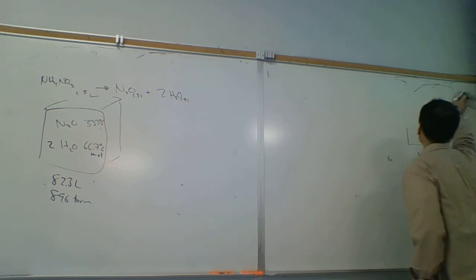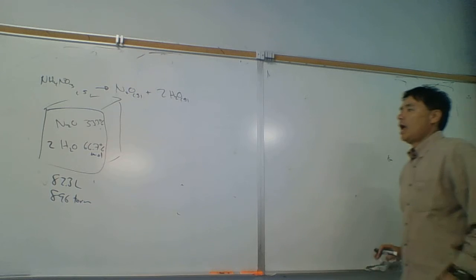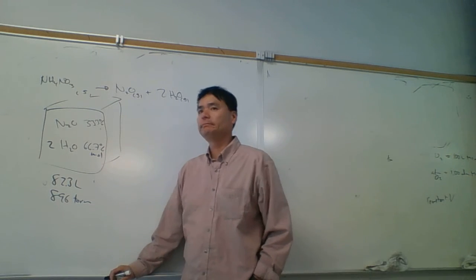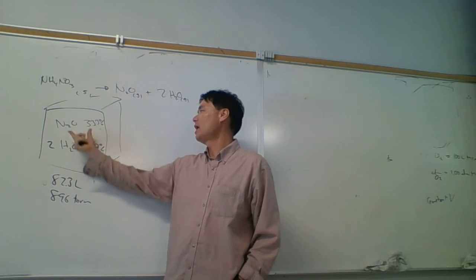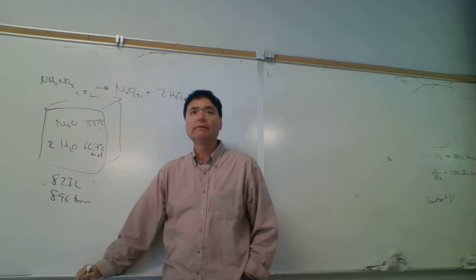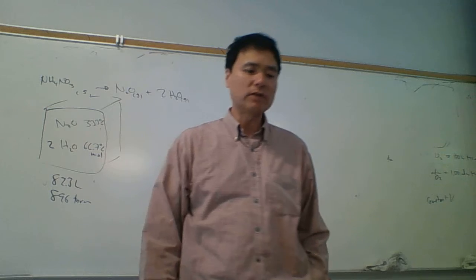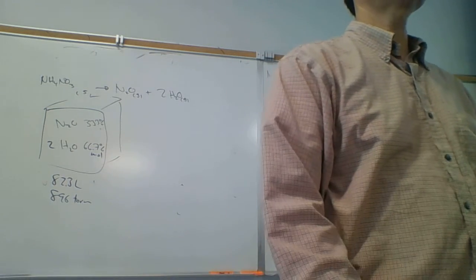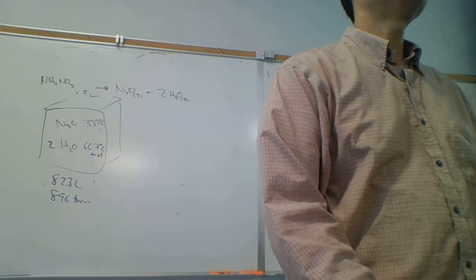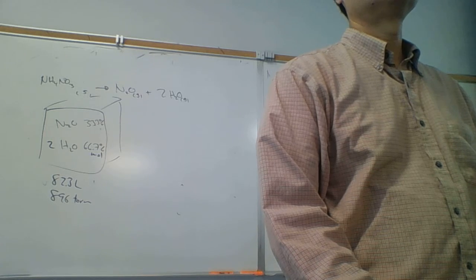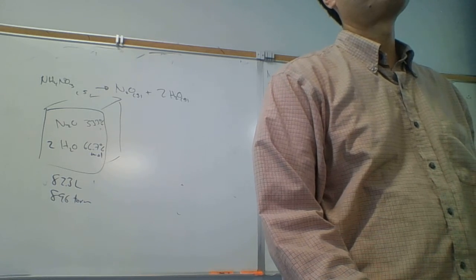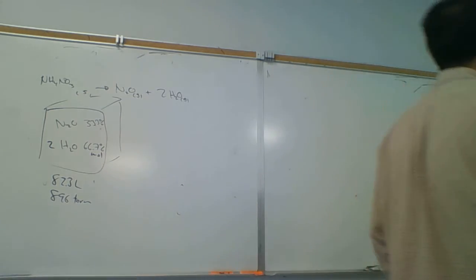We have to pick one or the other because I need to know how many liters of nitrous oxide I have, for example, at what pressure? Because in order to get the moles of nitrous oxide, I need the pressure, the volume, and the temperature. Now, the temperature is given here.